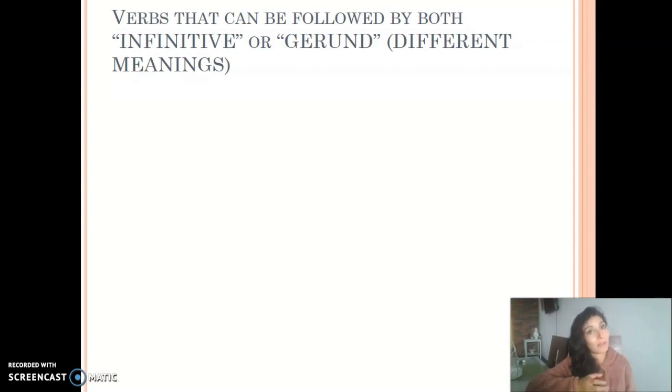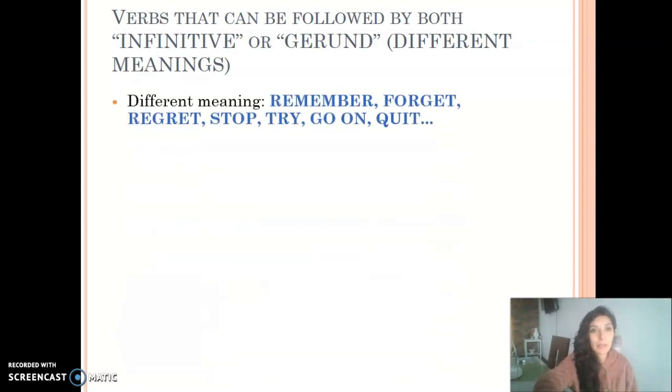When we use an infinitive after these verbs, it means something, but when we use a gerund, it means another totally different thing. So we must bear in mind which are these verbs when speaking or writing in order to avoid misunderstandings. We're going to start with the most important verbs.